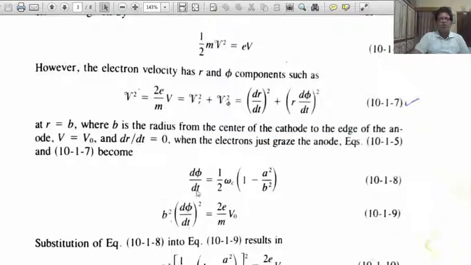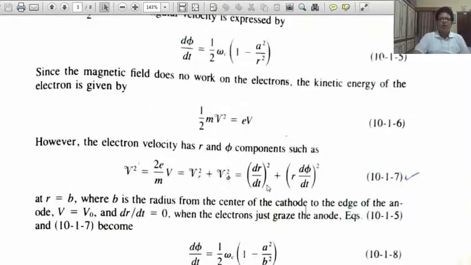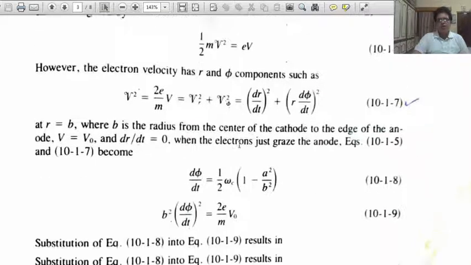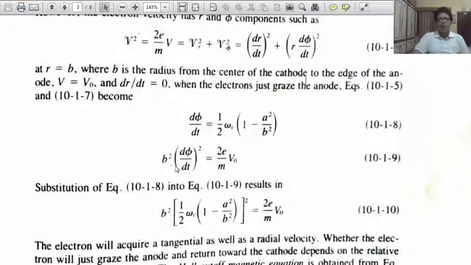So this equation becomes d phi upon dt equal to 1 upon 2 omega c (1 minus a square upon b square). Now rearranging this equation, b square (d phi upon dt) square equal to 2e upon m V0. Now substituting equation 8 into 9, d phi upon dt, this term is replaced here.